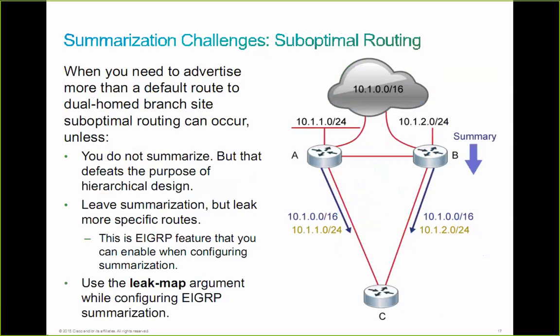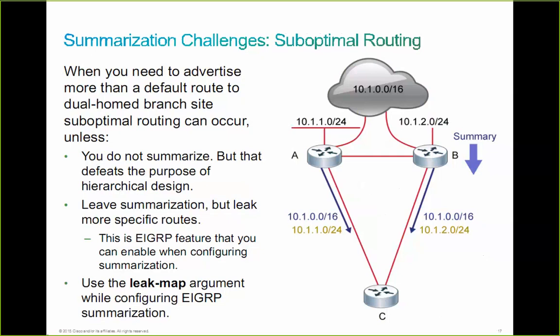All right. Let's say, for example, that our topology is a little bit more complicated, right? We've got a couple of networks, a network hanging off of router A, 10.1.1.0, that needs to be advertised, and a network hanging off of router B, 10.1.2.0, that needs to be advertised.